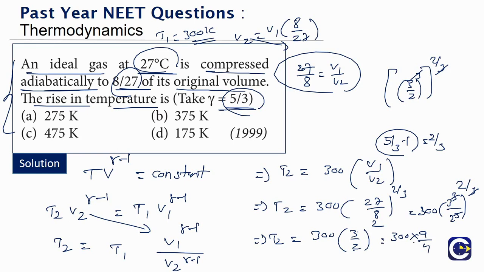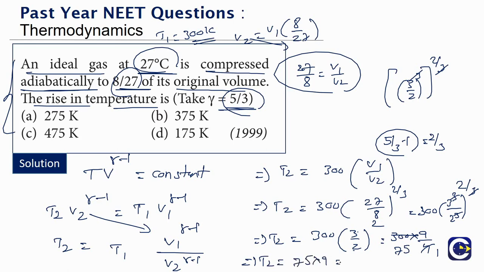So what is this 300 into 9 by 4? So 4 ones are 4, 4 sevens are 28 and 4 fives are 20, so 4 into 75 is 300. So 75 into 9. So T2 value will be on Kelvin scale, right? What is it? 75 into 9.